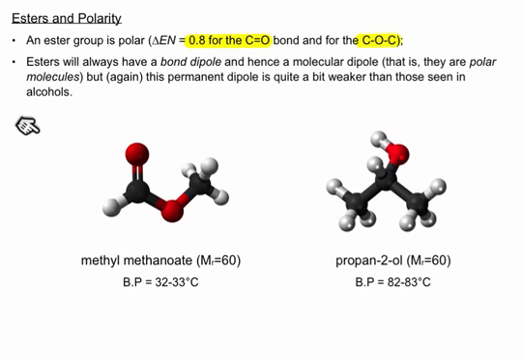So even though there are delta negative components to this molecule, they're a bit weaker, and part of that is sort of access to those polar components. It's just a little hard to slide a molecule in because they're bigger and there's more bulky stuff in the way. So methyl methanoate has a lower boiling point, which is typical of esters, but they are quite soluble in water. They'll dissolve very well, but we'll talk about that later.